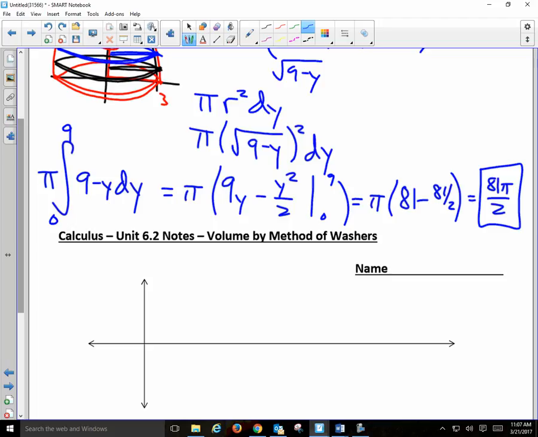So if you look at your worksheet, problem 1 should be very straightforward. Problem 2 should be very straightforward. Problem 3 is a dy problem. It should work out real nice. Same with problem 4. Should work out real nice. 5 is a good problem. 6 is a little bit trickier, but not too bad.